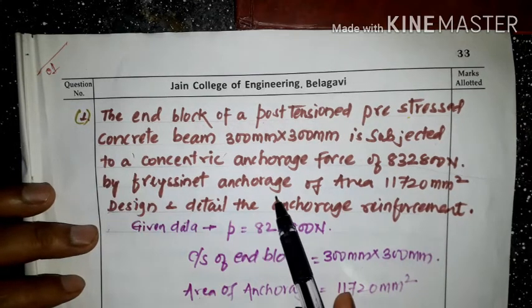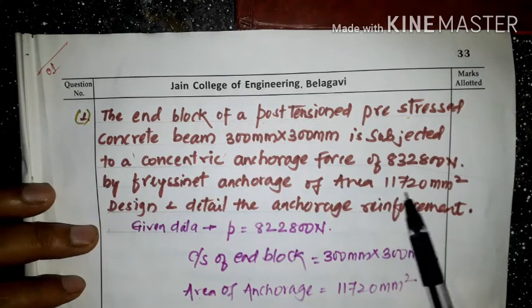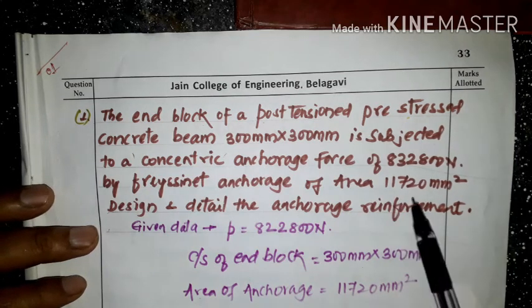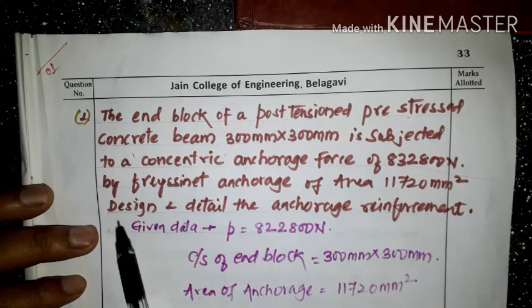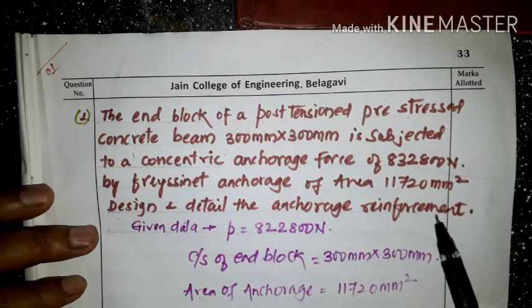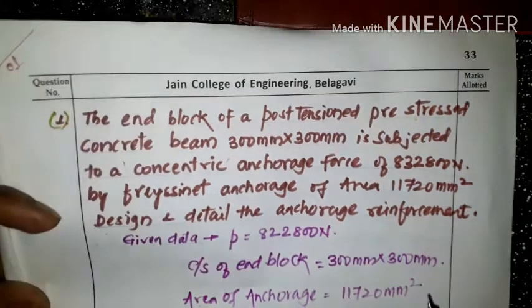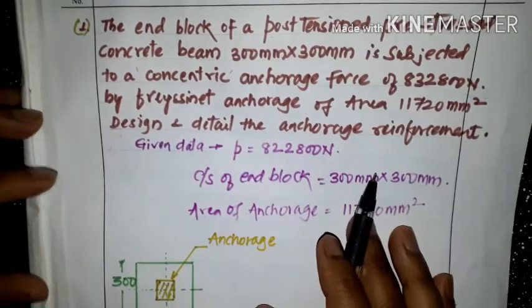Using the Freyssinet anchorage of area 11720 mm square, design and detail the anchorage reinforcement. For that, let's look at the given data first.